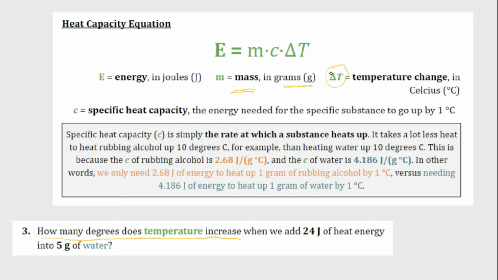A couple of other things. There's the specific heat capacity. And again, there's a little paragraph there that I'm not going to read. I'll let you read. That basically saying this is the rate at which 1 gram of a substance goes up by 1 degree Celsius. This is how much energy you need for that to happen, right? So when we look into the units here, for example, that of water down here, this is the C value.